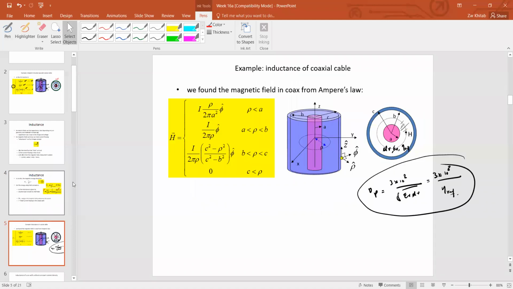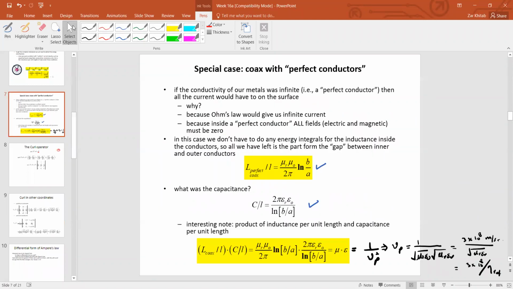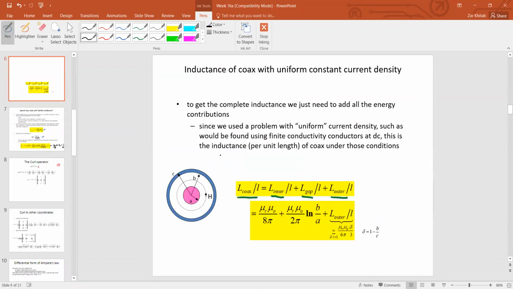And then further, at least try to find the inductance of at minimum the inner conductor, just to know how you will be able to find the inductance of the gap and the inductance of the outer conductor. So at least go for one, so you get a better idea how to calculate this.